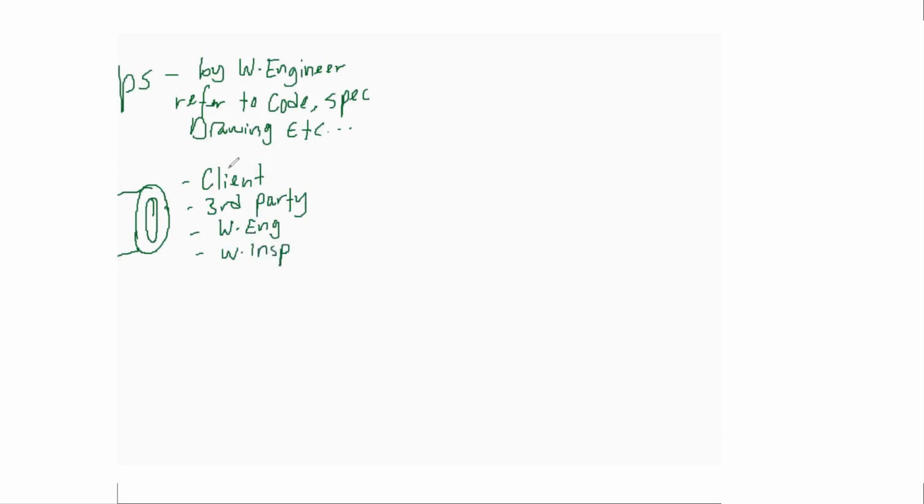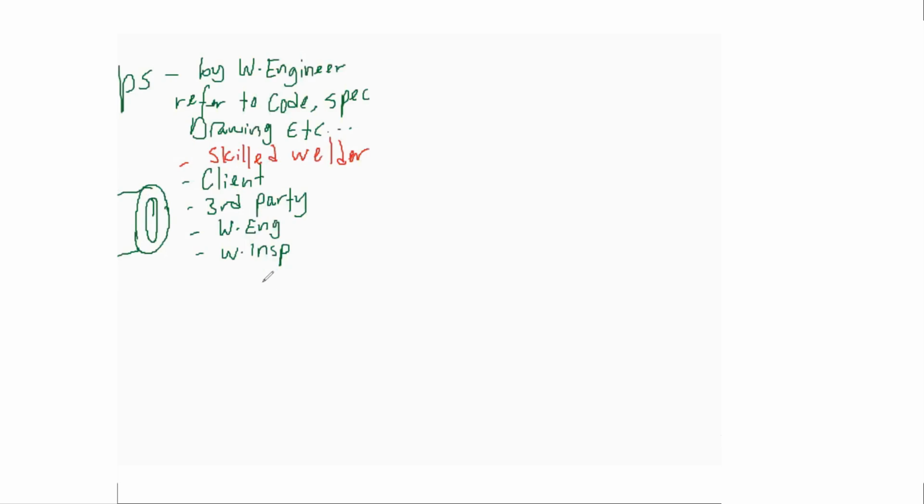So who's going to weld this? This must be a skilled welder. The skilled welder will perform the welding of this test weld. So we have the test weld or test coupon.